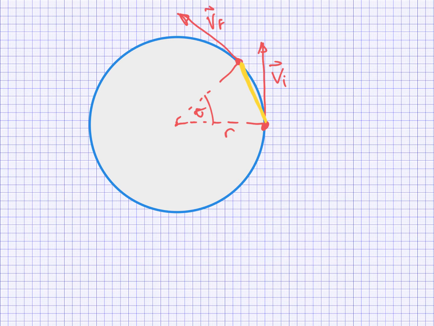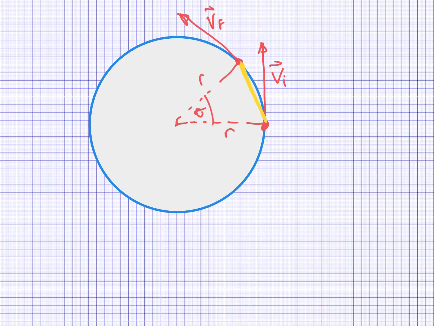If we imagine that this is infinitely small, we can go ahead and just ignore this curve. We're going to ignore the curvy part of the circle, and we're going to turn the arc into just a triangle. Okay, so you have to kind of imagine that we can do that as an assumption.